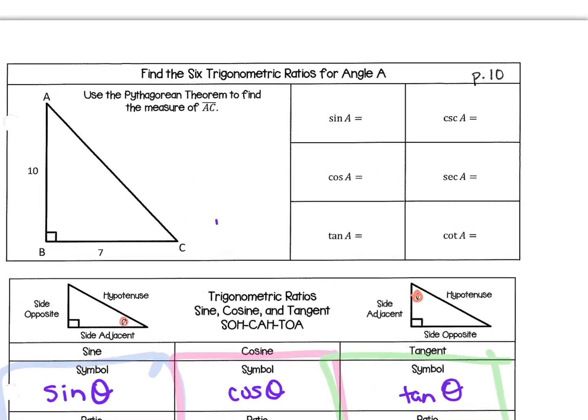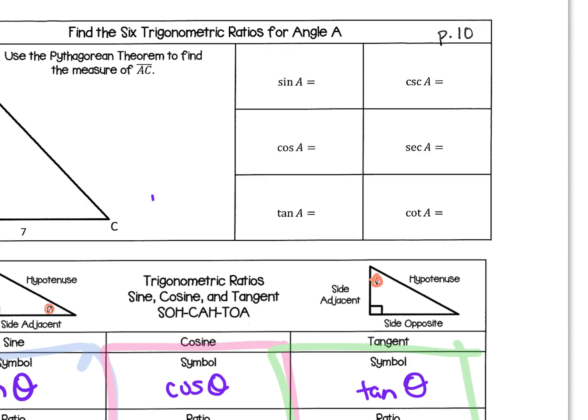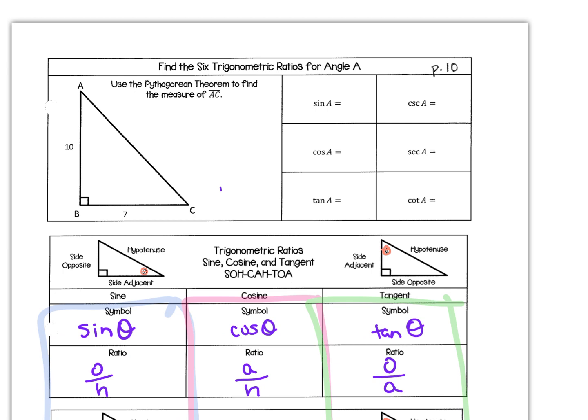All right, we're just going to do some basic trig ratios here with SOHCAHTOA, but now we're going to extend it to our reciprocals, and I'm going to show you a little bit of a trick with this, okay? So if you notice, we are doing this in reference to this angle A up here, so I'm going to put a little note up there to remind us. To write our ratios, the first thing we're going to have to do is the Pythagorean theorem.